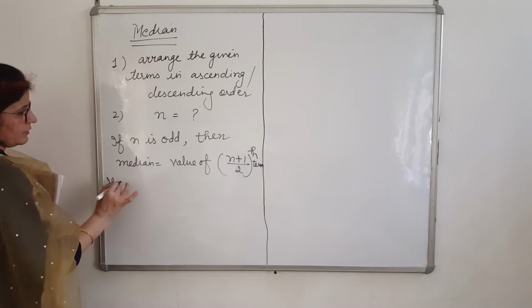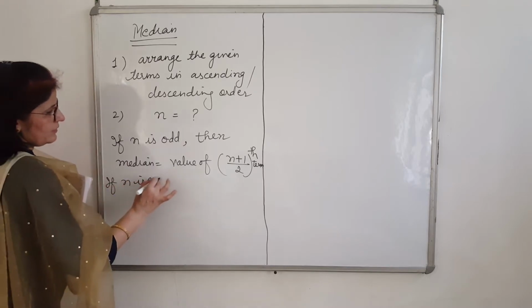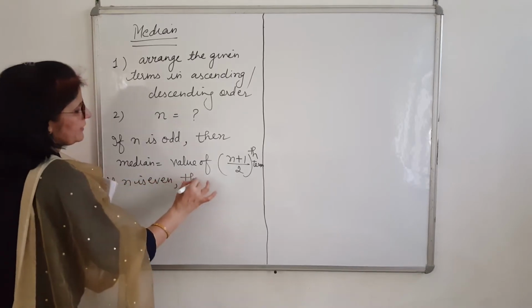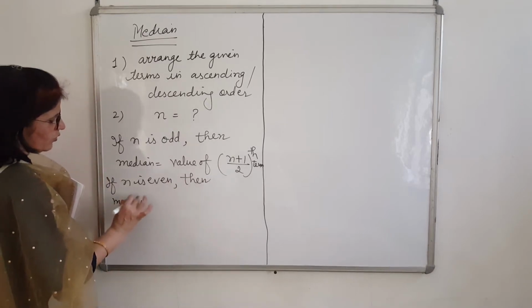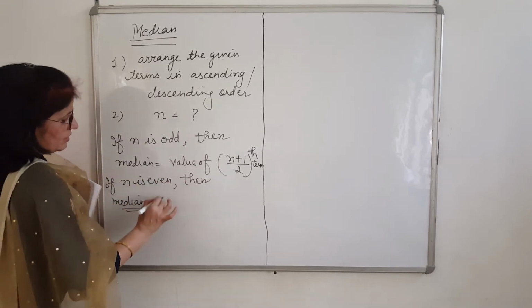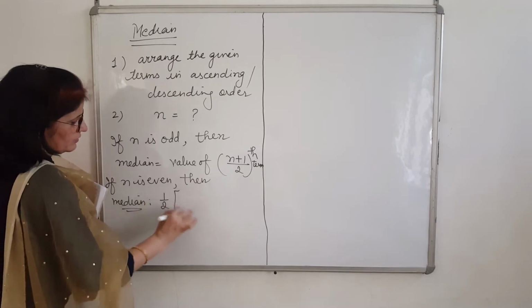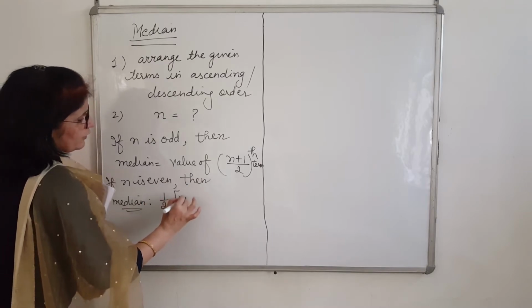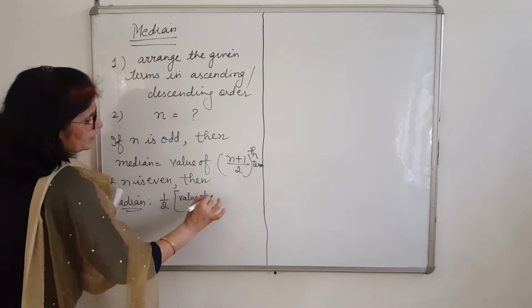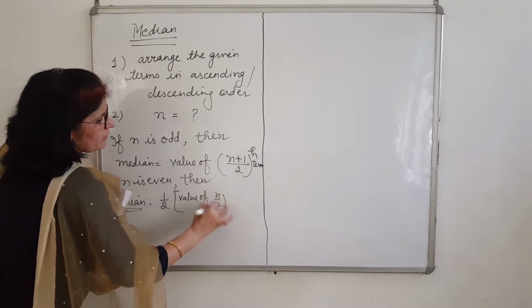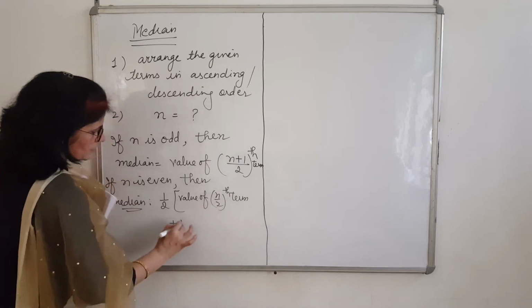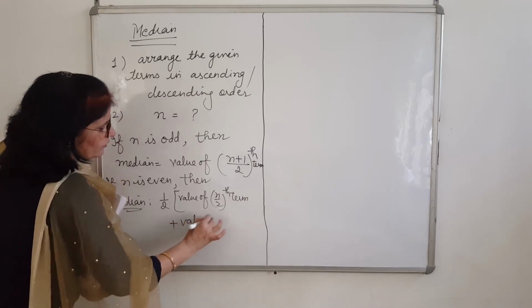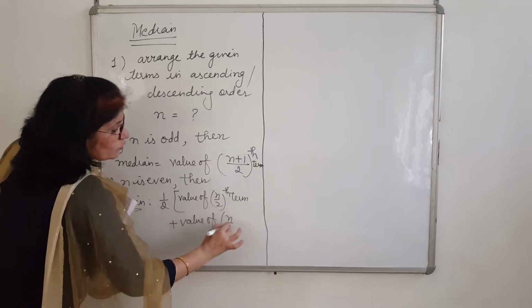If n is even, then what will be median? There are two methods. One, half of value of n over 2th term plus value of n over 2 plus 1 term.